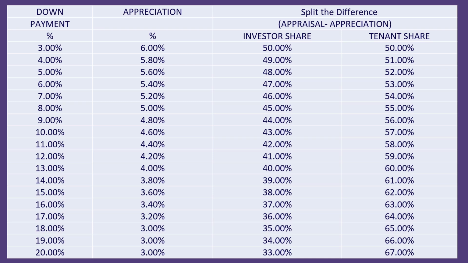The ALP system is a little bit more complex than the normal rent to own or normal lease option, because the bigger the down payment the tenant buyer pays, the less appreciation is added, which acts as an incentive.